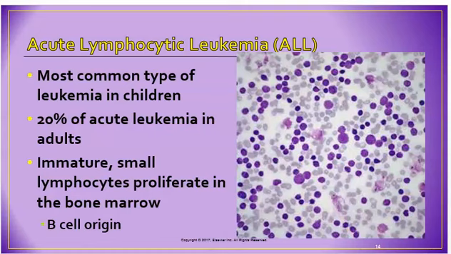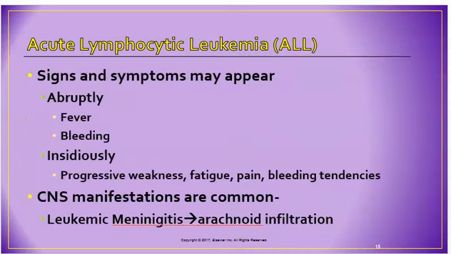Most of these kids are going to be worked up for meningitis to start with, and then when they do further lab work, they'll say, this might be ALL. Why? Here's the signs. Fever, bleeding, all of that kind of stuff. But the CNS manifestations are pretty common. That's your leukemic meningitis, photophobia, startle easy, even seizures.